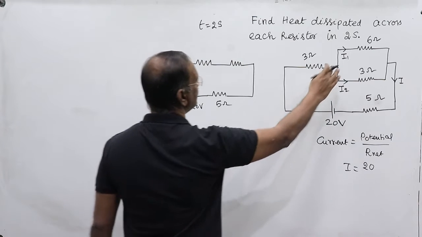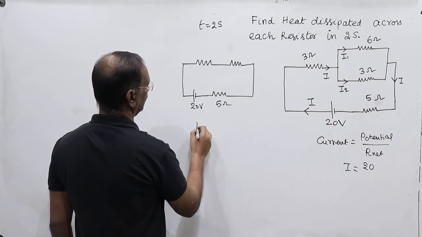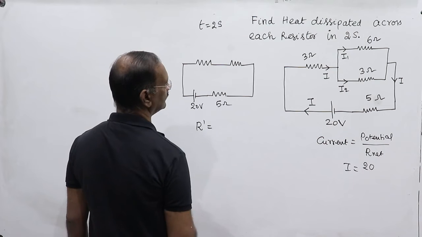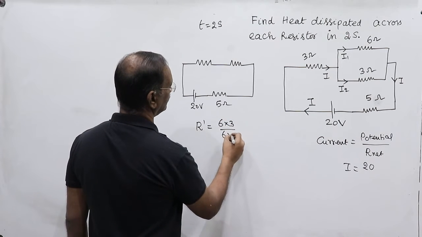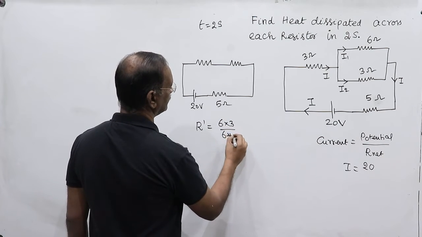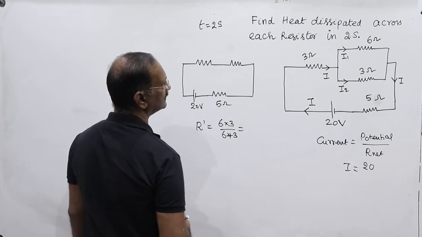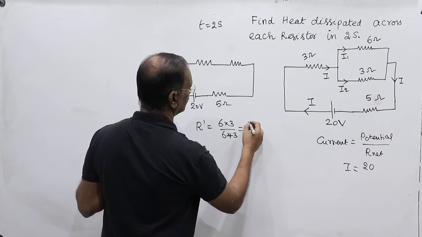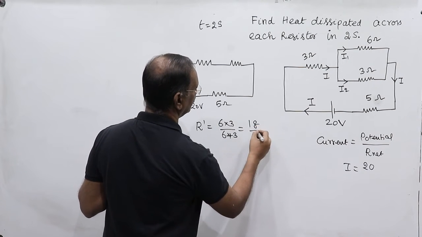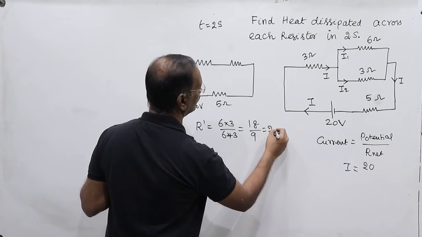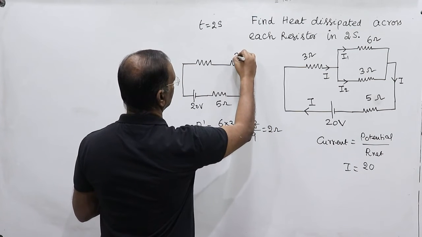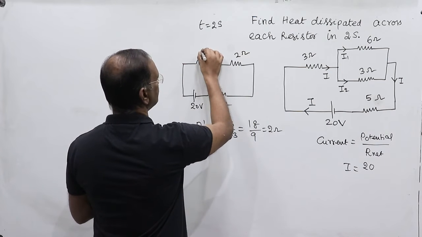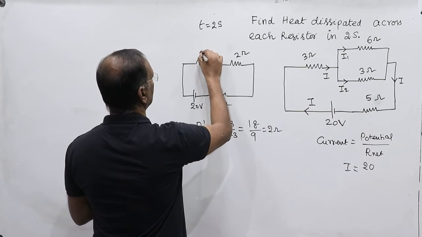So this net, we call it R dash, is equal to 6 into 3 divided by 6 plus 3, is equal to 18 divided by 9, is equal to 2 ohm. This is 2 ohm, and this is 3 ohm.